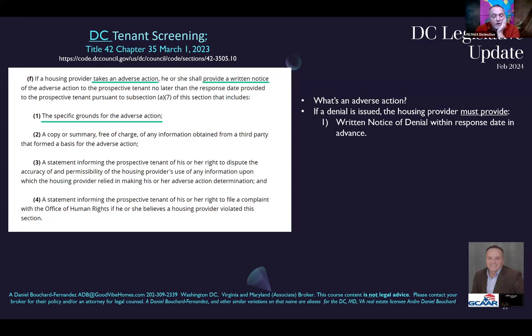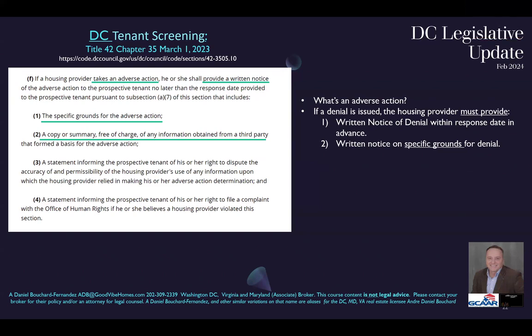You have to give them the specific grounds for the adverse action, the written notice on the specific grounds for the denial. You have to give them a copy, free of charge, of any information obtained from a third party that formed a basis of the adverse action. So that means you've got to give them a copy of the credit report.